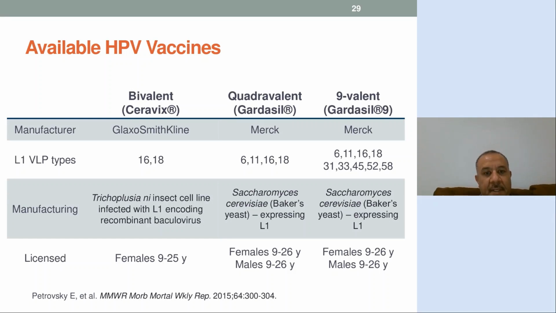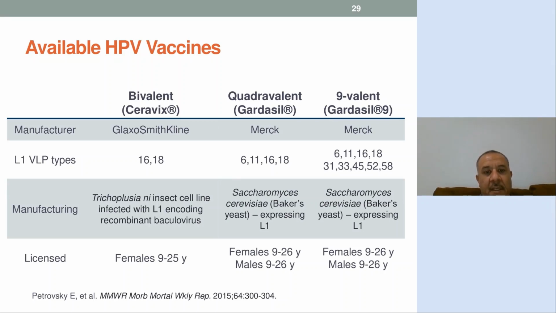If you remember, 6 and 11 are the ones that cause warts. So then the 9-valent, which is the currently available, added the other strains which cause cervical cancer: 31, 33, 45, 52, and 58. So the 16 and 18, if you notice, are included in all the vaccines.